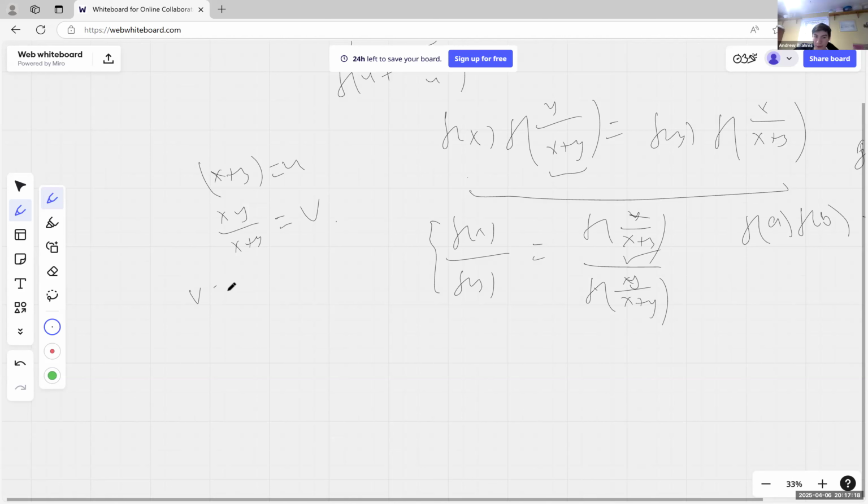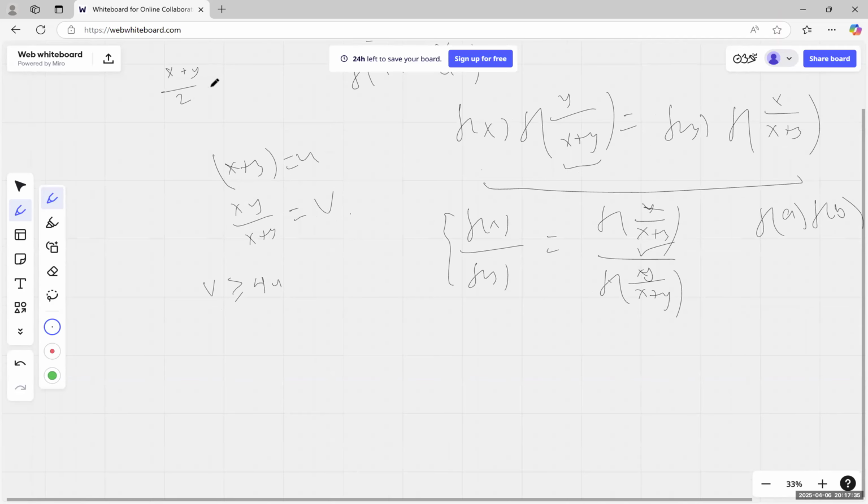We're given that v is greater than or equal to 4u, I think, by the AM-GM inequality. I could be a little bit off on that, because it should be the other way around: xy is on the v side. So 4v should be less than or equal to u.